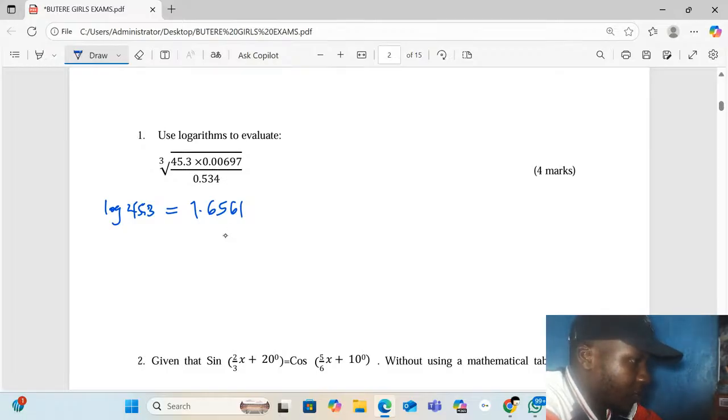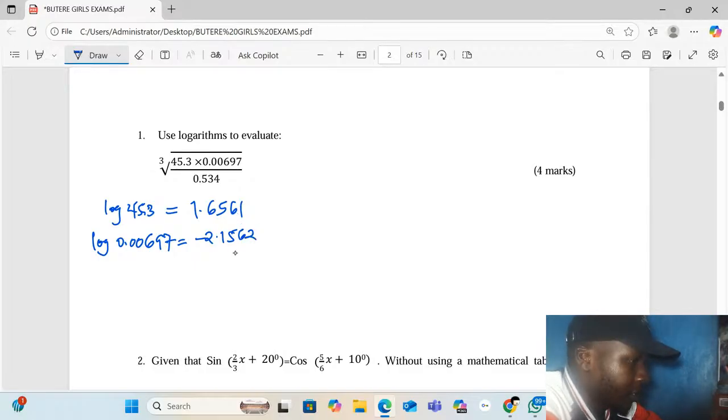Then we also look at the log of 0.00697. You convert it to standard form, so that the log of 0.00697 gives us negative 2.1562.